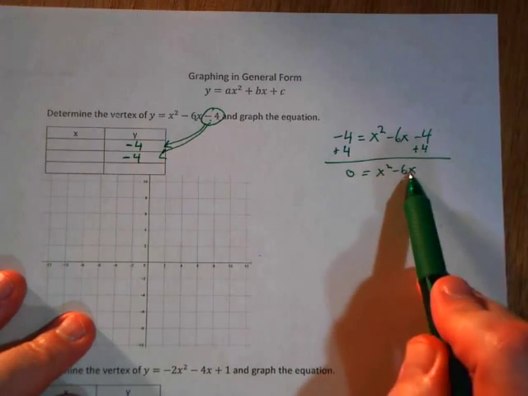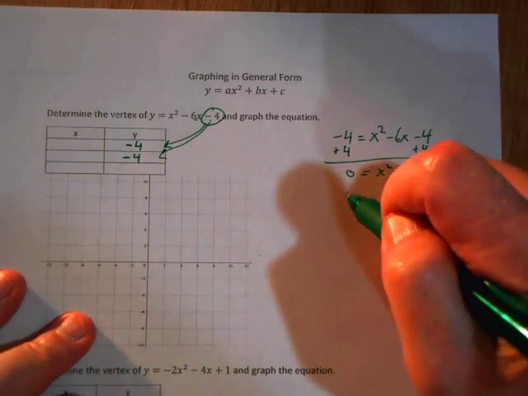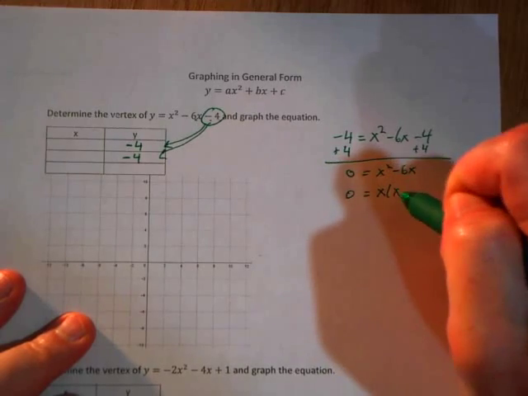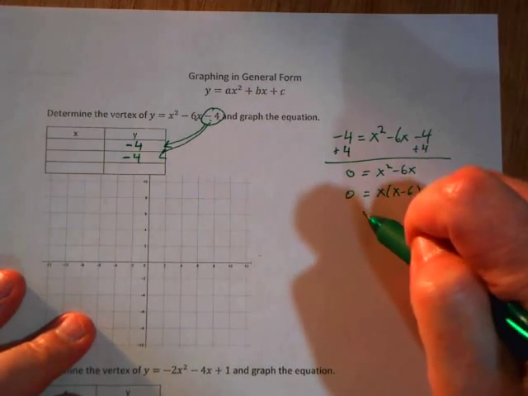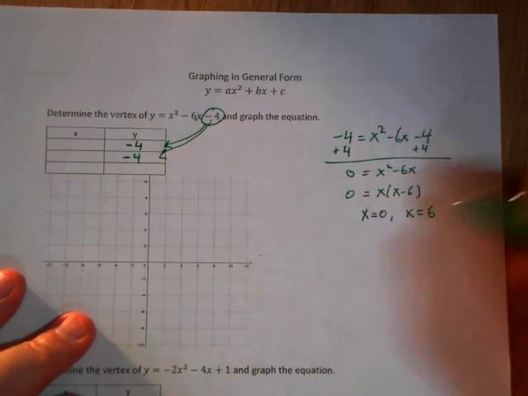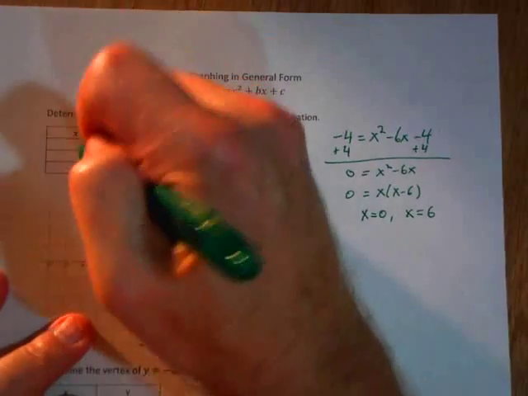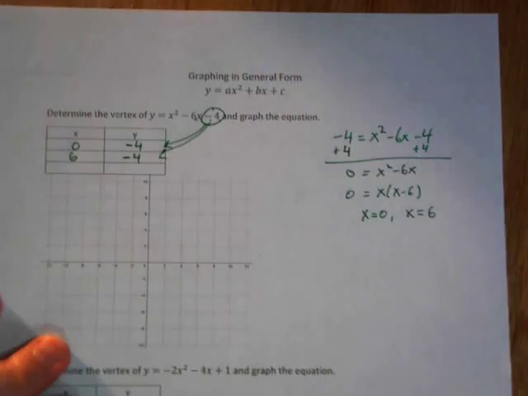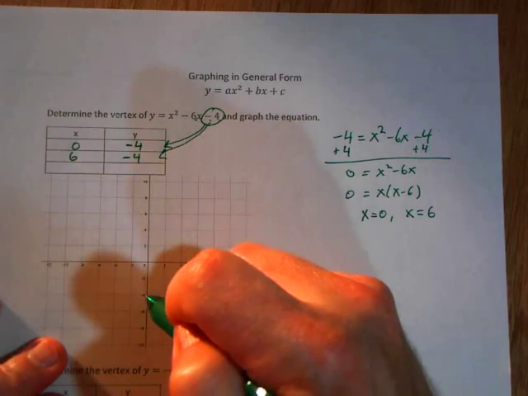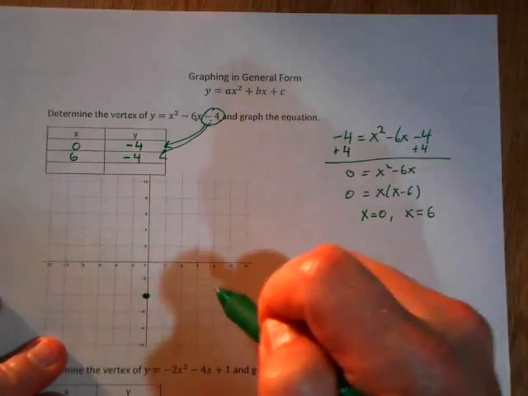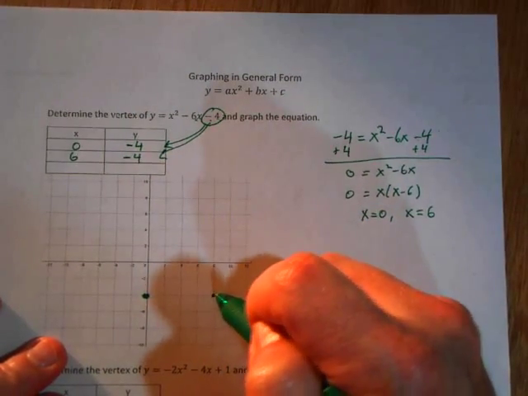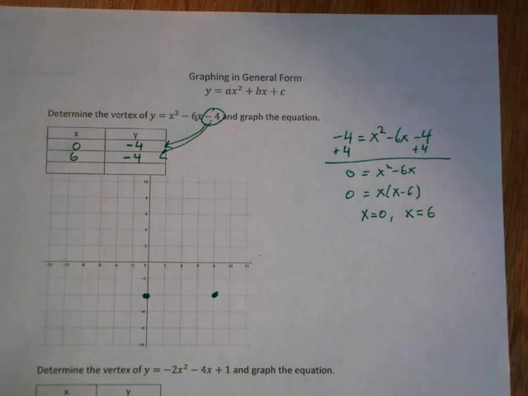I can take out a GCF of x, which means I get x equals 0 and x equals 6. So I have 0 and 6. So I have (0, -4) and (6, -4). So now where's the vertex?